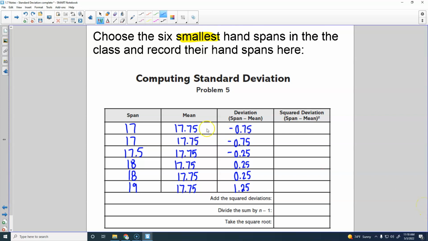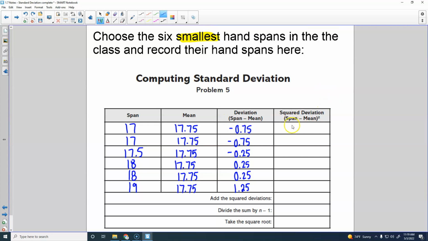Right. Because some of these numbers are above the mean, some of them are below. If you've done it correctly, you should get 0 right there. So just adding up the deviations wouldn't tell us anything about our data, because you get 0 every single time if you've done it correctly. So they had to come up with another measure that would tell them how spread out their data is without getting 0, because 0 doesn't tell you anything.